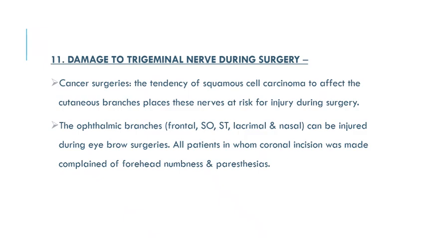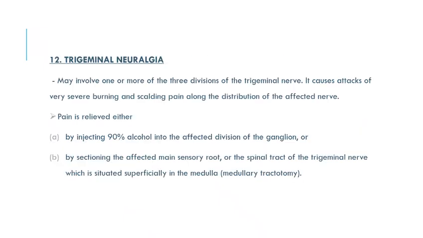Now, trigeminal neuralgia may involve one or more of the three divisions of the trigeminal nerve. It causes attacks of very severe burning and scalding pain along the distribution of the affected nerve. Basically, what happens here is that at the trigeminal ganglion, its sensory root, when it enters the pons near the brainstem, the most common artery involved is the superior cerebellar artery.